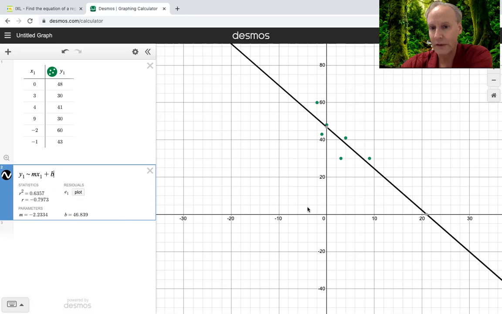The reasonable domain would probably be from, say, negative 10 up to 10. Or in this case, because my data really only goes from negative 1 up to 9, that's kind of my domain for this data set. So I probably shouldn't use the mathematical model outside the domain.